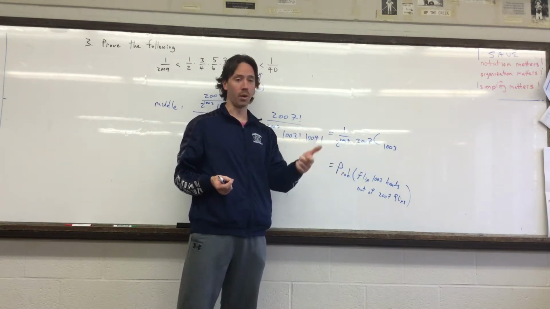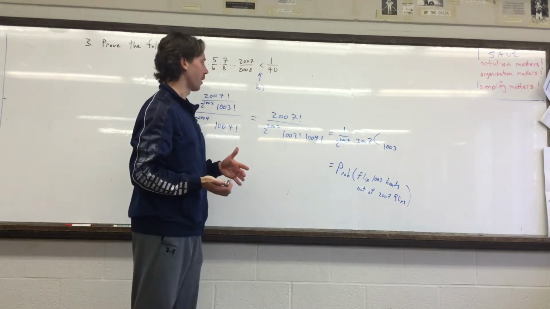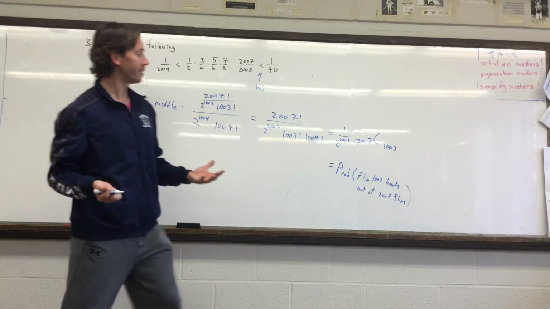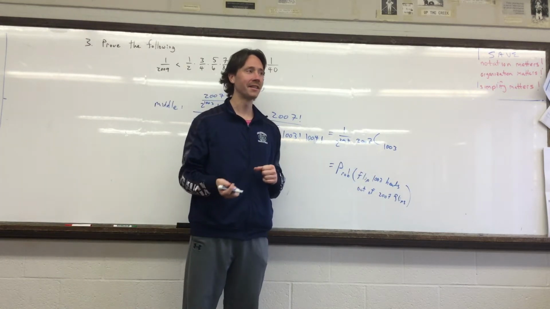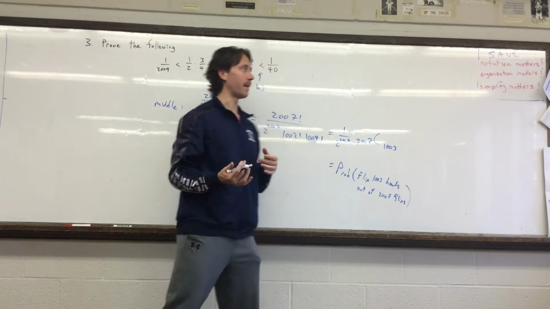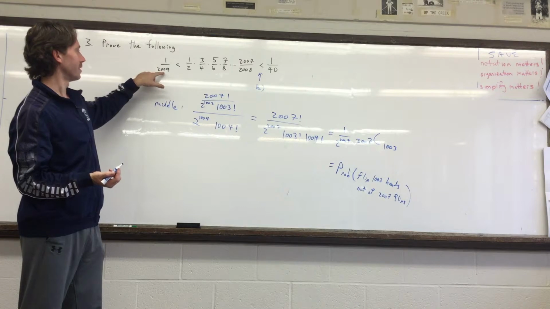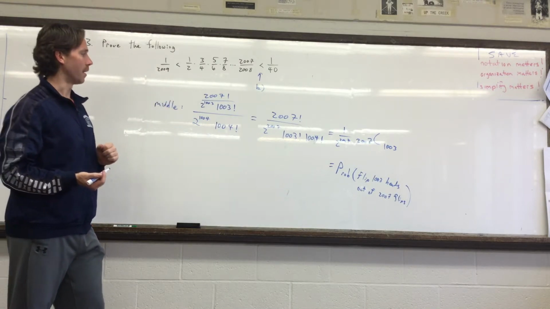You can get 0 heads, 1 head, 2 heads, all the way up to 2007 total heads. Well, among those, certainly it's more likely to get 1003 heads than any of those random outcomes. So yeah, it kind of independently verifies this inequality.